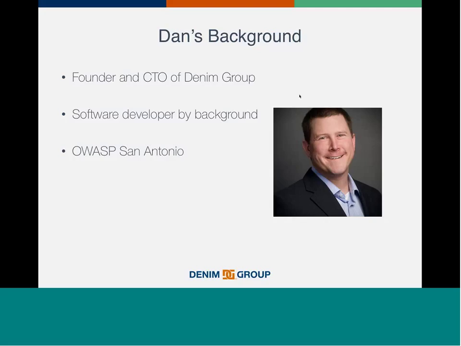As developers build software, how can they best take advantage of these platform features, and how can they use secure coding techniques in order to build software that is going to protect their organizations and protect the users of this software? I also do a lot of work with OWASP. I'm one of the leaders of the OWASP San Antonio chapter, as well as contributing to a number of projects. But again, my perspective is one of a developer that's come into the world of security as opposed to a security person looking at web and mobile apps, and that colors this perspective a little bit.